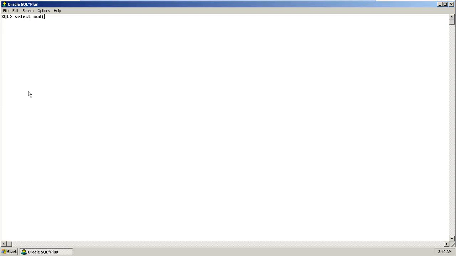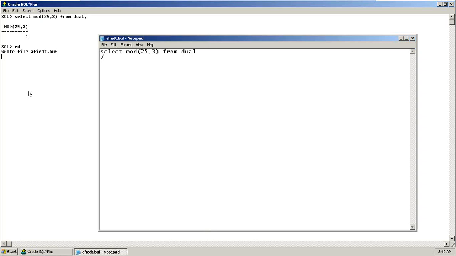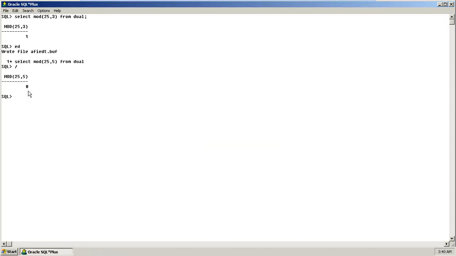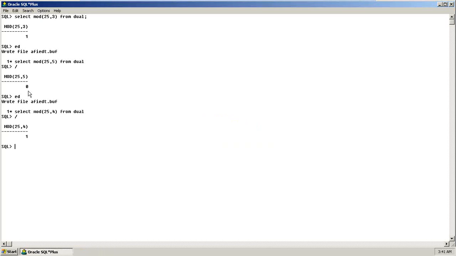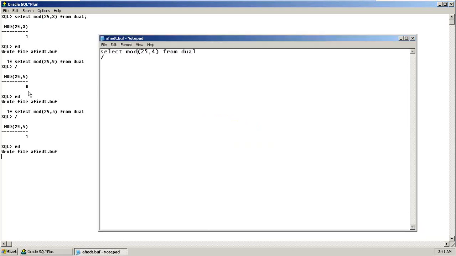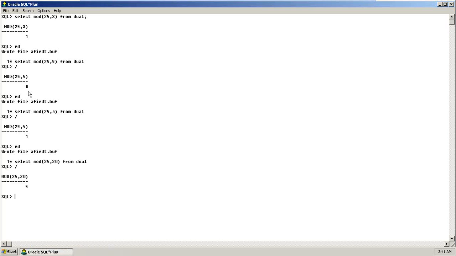Select mod of, suppose your number is 25 and your value is 3, from dual. 25 by 3 returns 1, right? 25 by 5 returns the remainder 0. 25 by 4 returns the remainder 1. 25 by 20 returns the remainder 5.